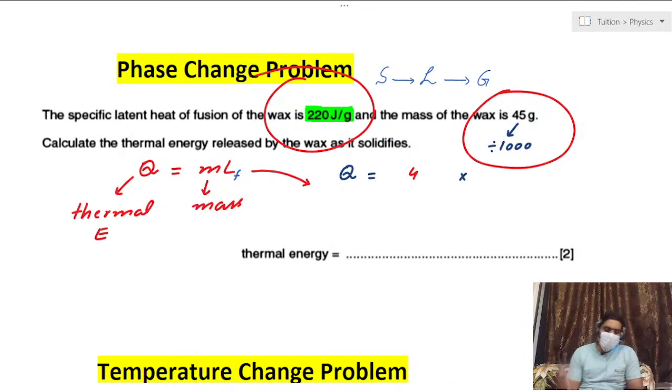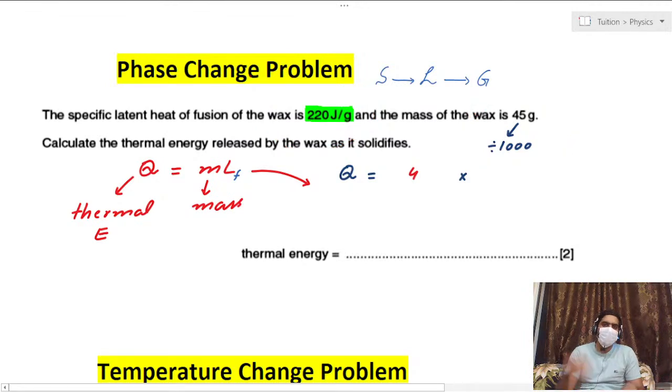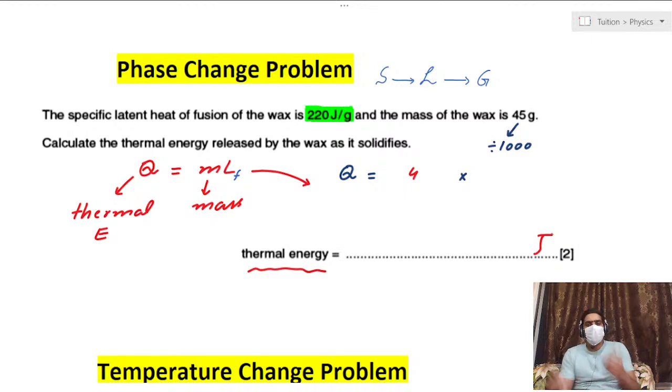So instead of converting both of them, just leave them in grams, because your final answer would be in joules, since you're finding thermal energy. So grams or kilograms is not even there. It's already being cancelled out in the processing. So why would you spend extra time in conversion?